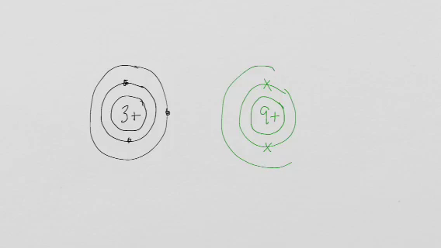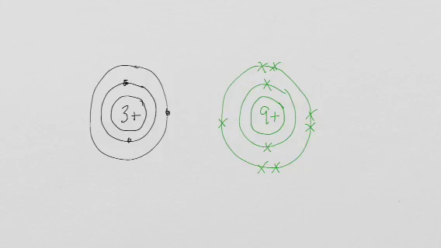We're going to draw our second orbit because it is in the second period, and we're going to add our 7 electrons. Now, we add 7 because 2 from the first orbit and 7 from the second orbit equals 9. And if we have 9 electrons, we will have 9 protons, and that is our atomic number.